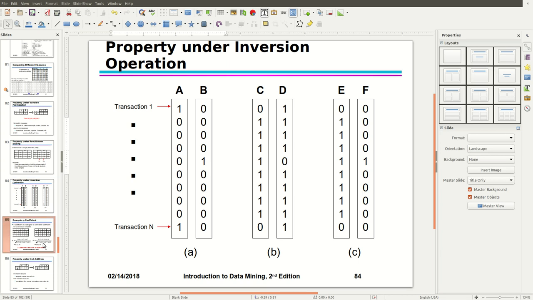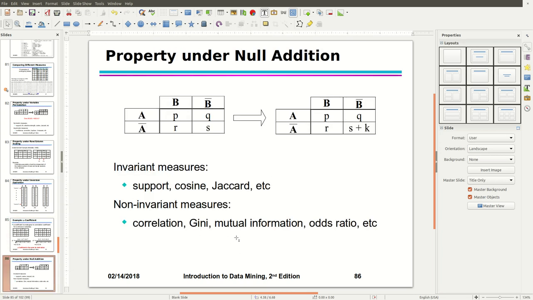Property under null addition. What does it mean to add null? So everything stays the same in the table, and somehow you are adding more irrelevant things to this size, or you are changing the sample size, for instance, but none of those new samples are related to either A or B. So you are adding into A naught and B naught.